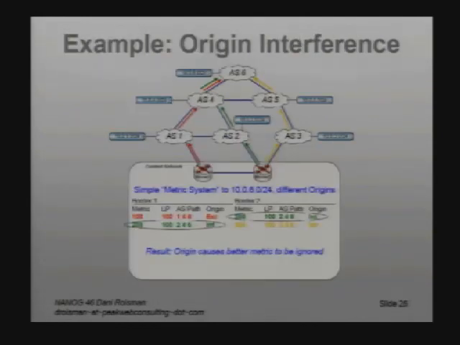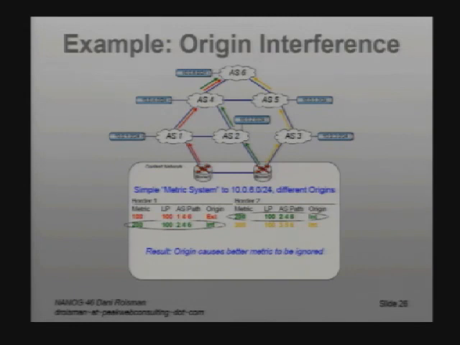Let me show you an example. So in this case, we have a route to 10.0.6.0. And as I told you, this is taken from the previous slide where we set the metric to 100 from AS1, 200 from AS2, and 300 from AS3. Well, we would expect with a metric of 100 that AS1 would be selected. Oh no. AS1 is telling us that route was known with origin EXT.